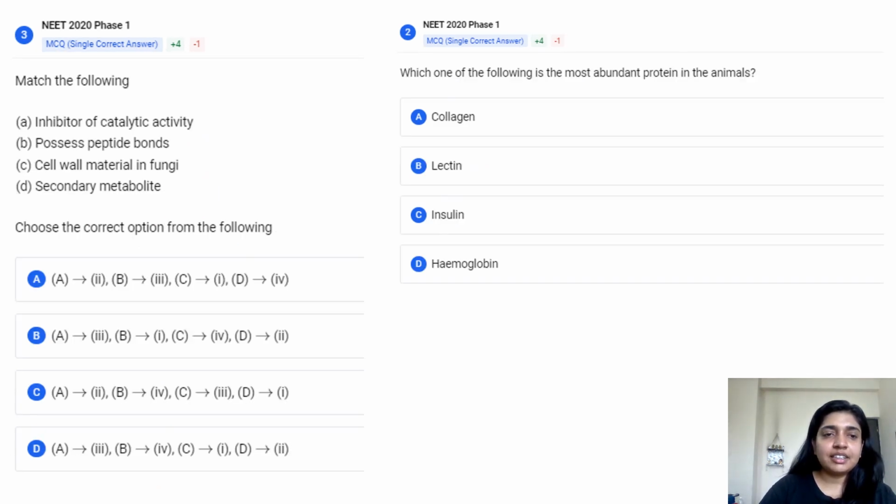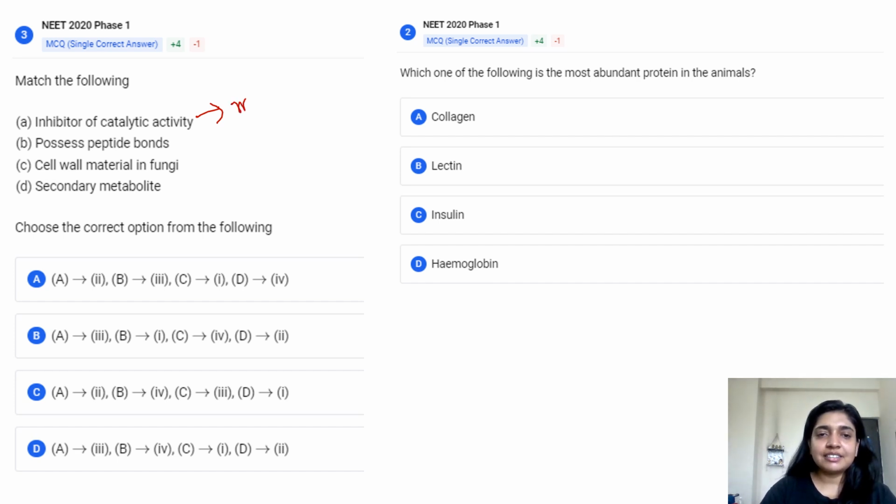Moving ahead, inhibitor of catalytic activity, possesses peptide bonds. This question looks incomplete. We have to match, but match it to what? Okay, so this question is incomplete. Anyway, let's try to find out. So inhibitor of catalytic activity, that means it's a competitive inhibitor.